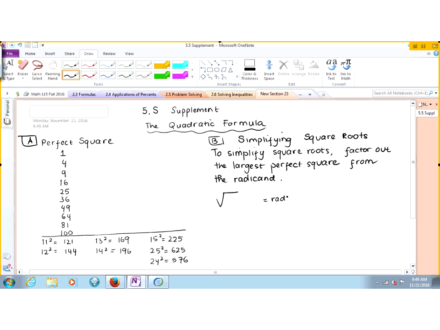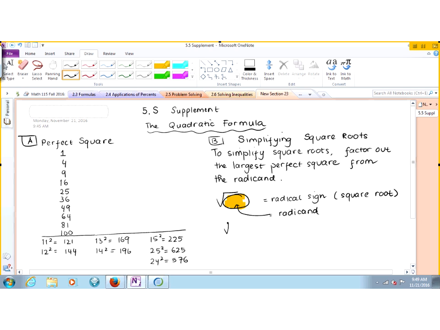By the way, this is called a radical sign. In this case, it signifies the square root. Now whatever is inside here, we call it the radicand. So the number under the square root is the radicand.